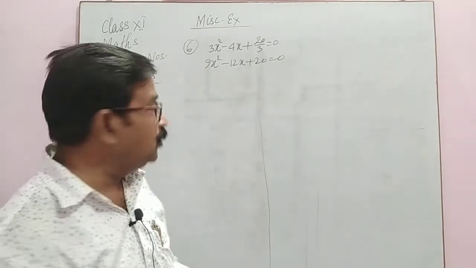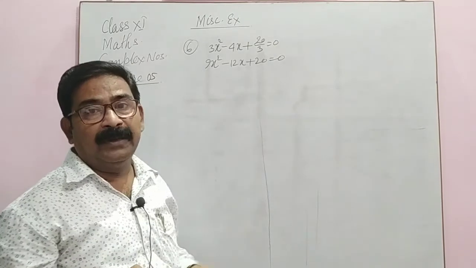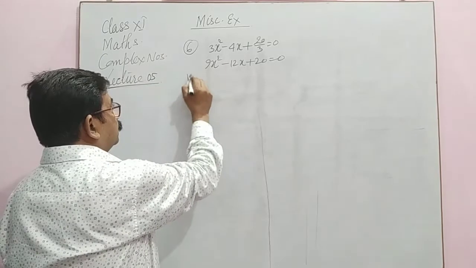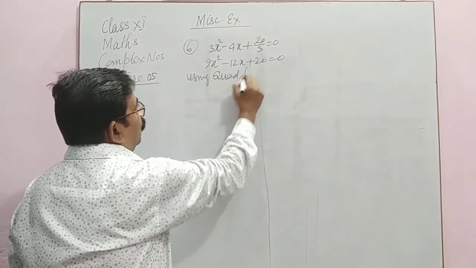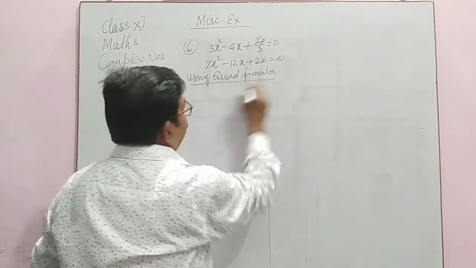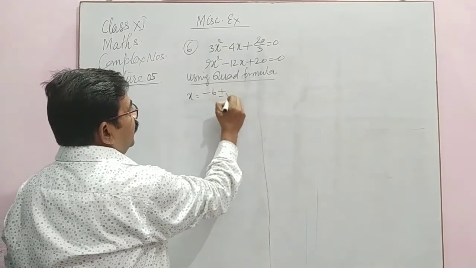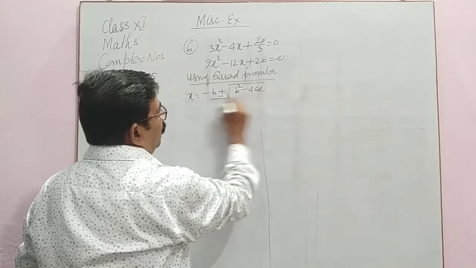As I told you, this will be solved only by the quadratic formula. Using the quadratic formula, x is equal to minus b plus minus under root b square minus 4ac by 2a.